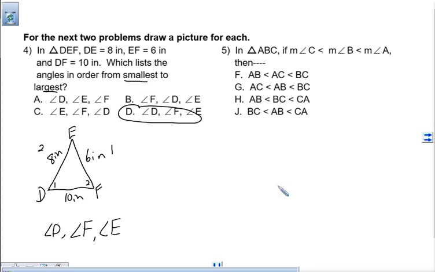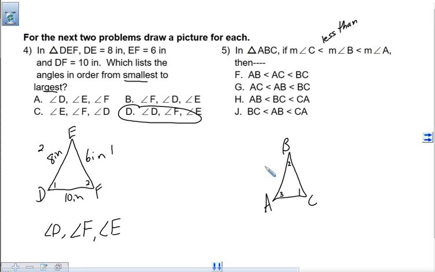Then on our next one, we need again to draw a triangle. We have triangle ABC, and angle C is less than angle B, and angle B is less than angle A, which means angle C is our smallest angle, angle B is our middle-sized angle, and angle A is our largest angle.